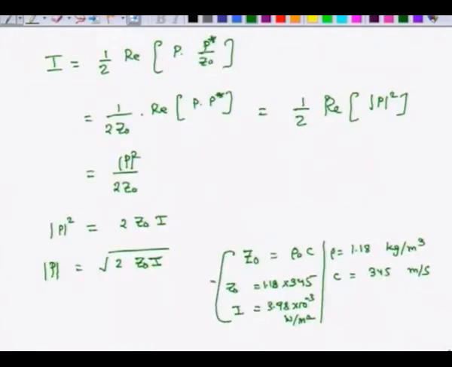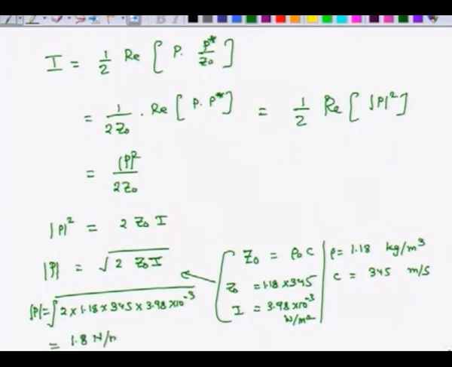So, if I put all this information in this equation, I get magnitude of pressure equals the square root of 2 times 1.18 times 345 times 3.98 times 10 to the power of minus 3, and if I do the math, magnitude of pressure comes to be 1.8 newtons per square meter, or 1.8 pascals.